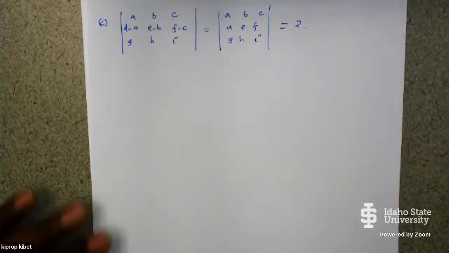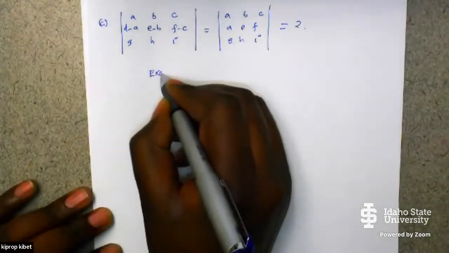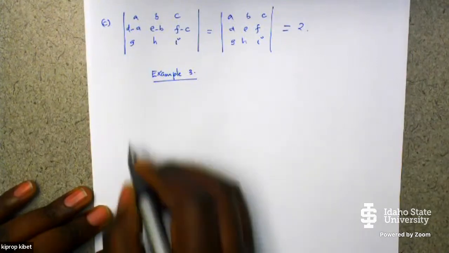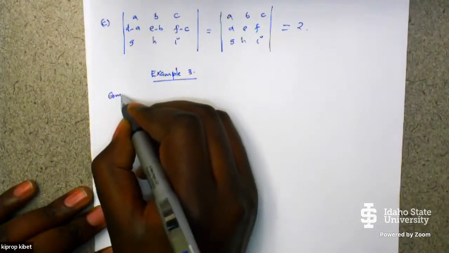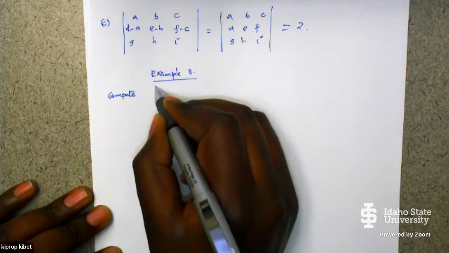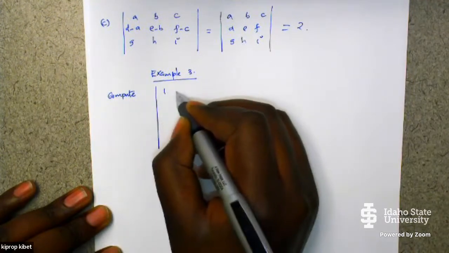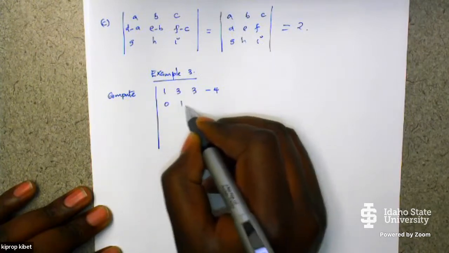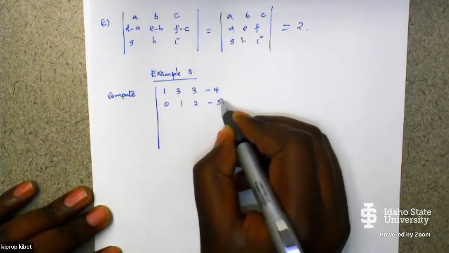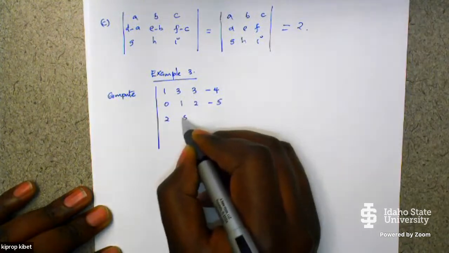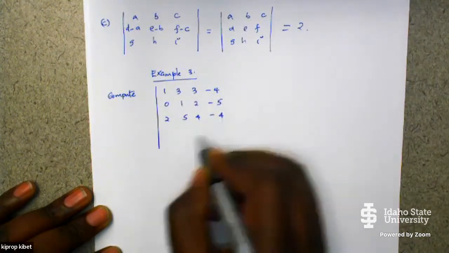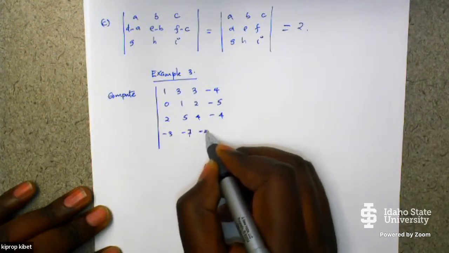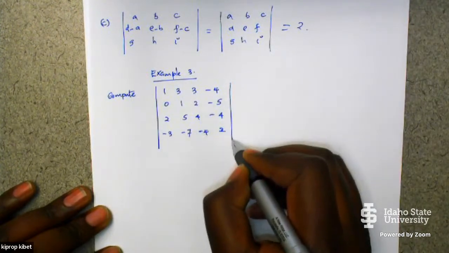Okay, now let's look at example number 3. Compute the determinant of 1, 3, 3, -4, 0, 1, 2, -5, 2, 5, 4, -4, and -3, -7, -4, and then 2.